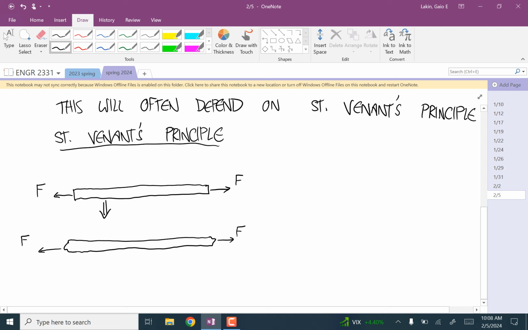Right, if you're just focusing on 2 almost infinitesimal points to apply this force, you're going to get weird stretching around that point.